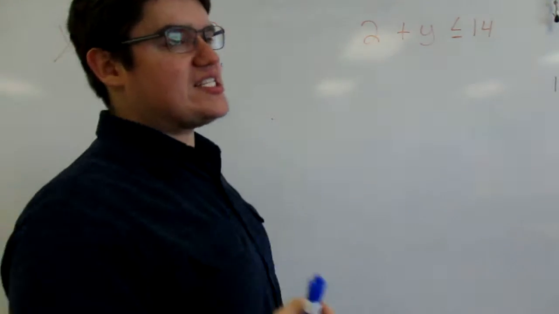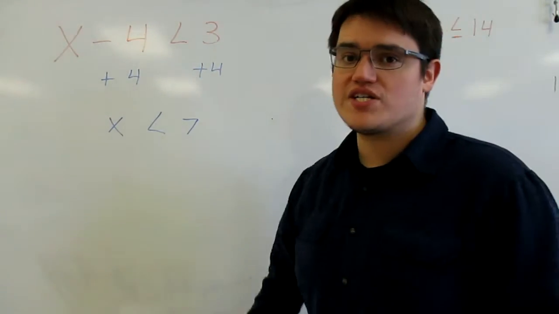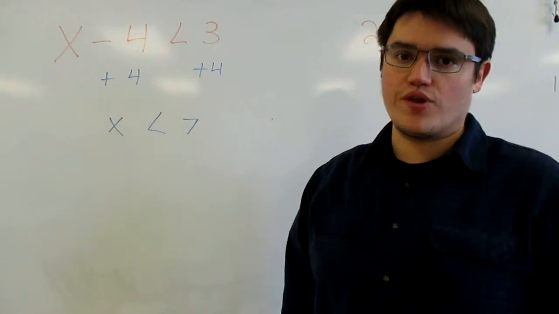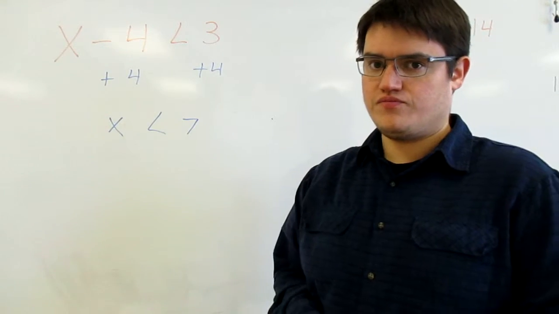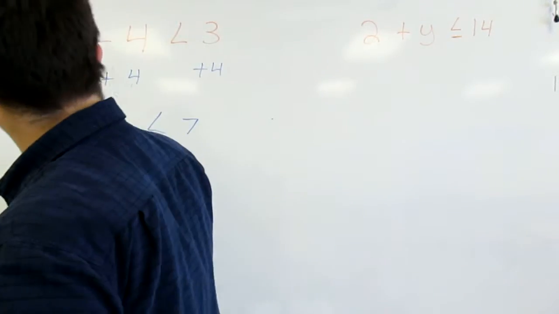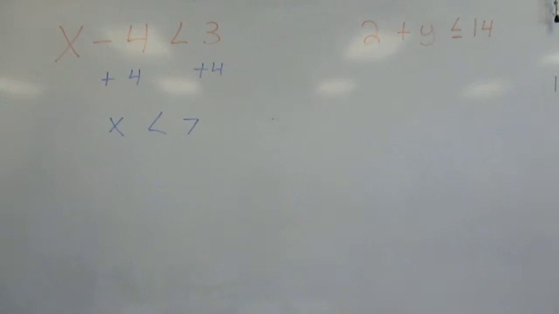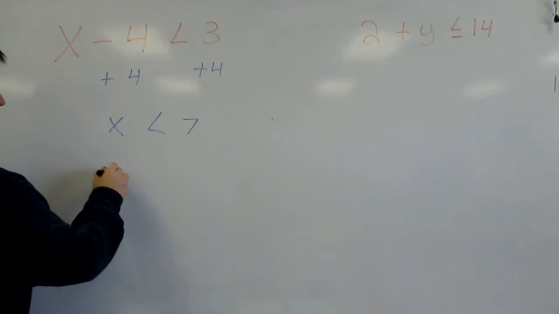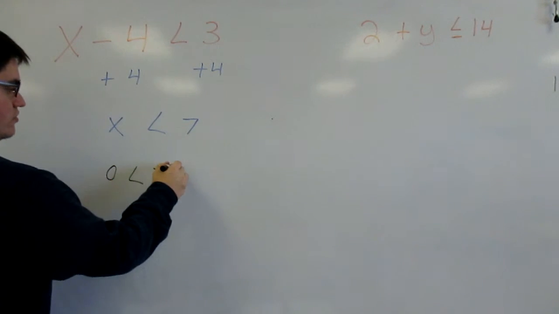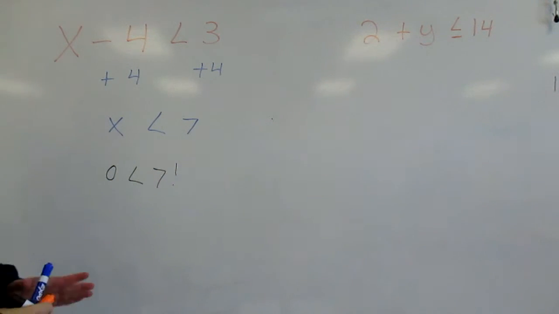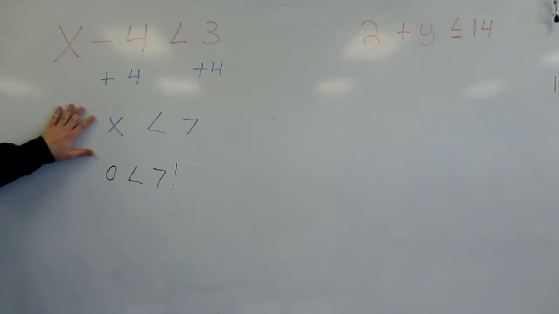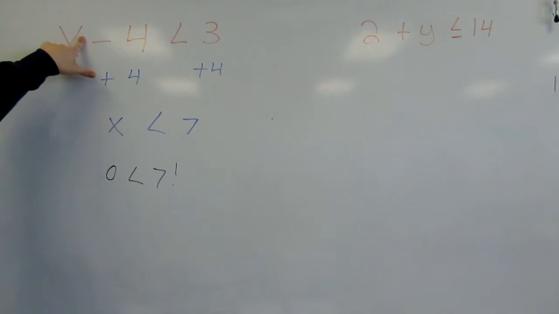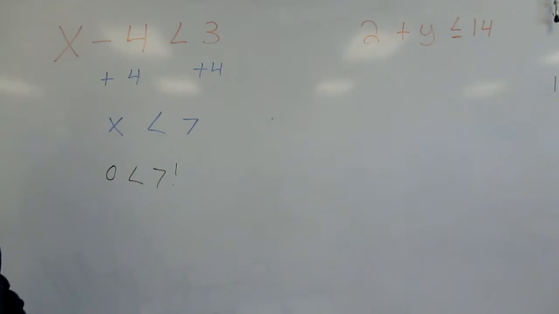Now, we want to see if adding a number to each side changes anything with our inequality. Okay? So, what's a number that's less than 7? 0? Oh, okay. So we know 0 is less than 7. So this is true. Now, if it's true up here, then that means that we didn't violate any math laws by adding 4 to each side.